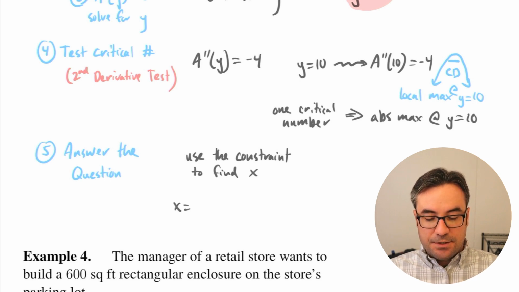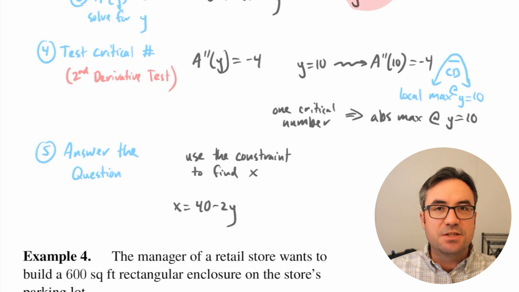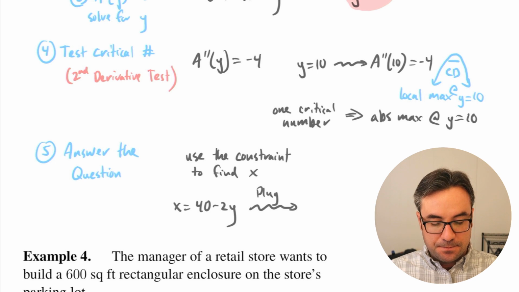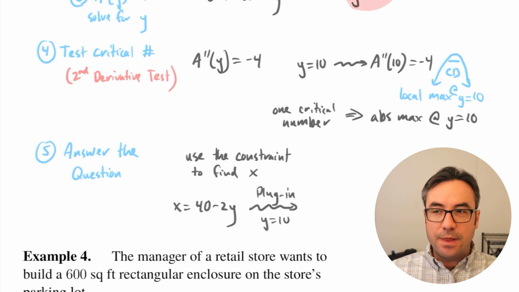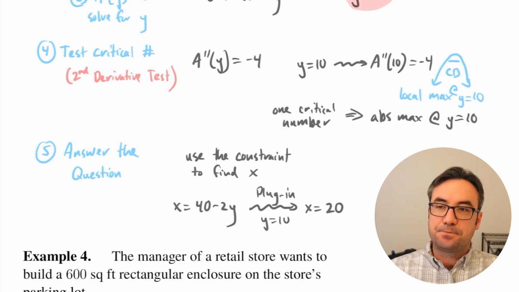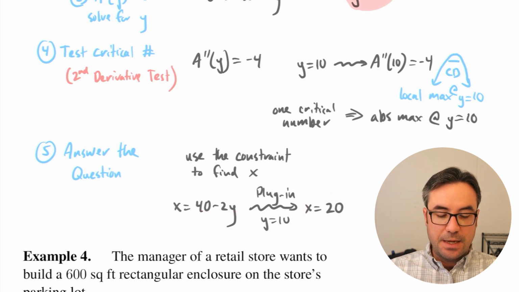So x is equal to 40 minus 2y. We already had it nice and solved, all ready to go. And so all we're going to do is just plug in our y value that we found. So we'll plug in y equals 10. And when we do that, we get x is equal to 20. So I get 40 minus 20, which is 20. And we have both of our dimensions now. y is equal to 10, x is equal to 20.